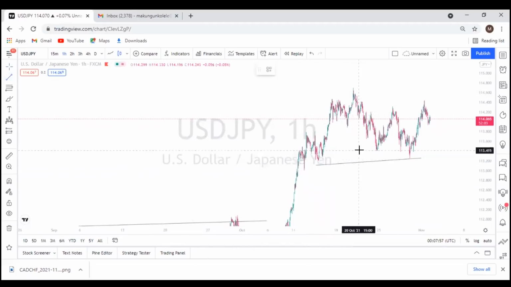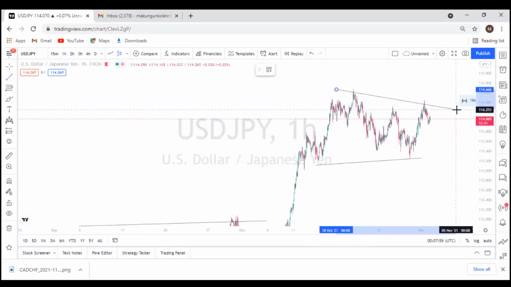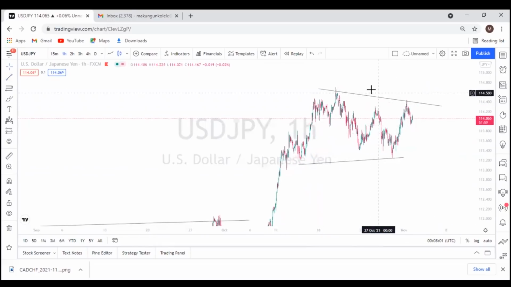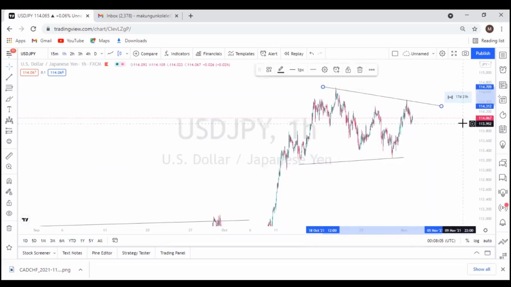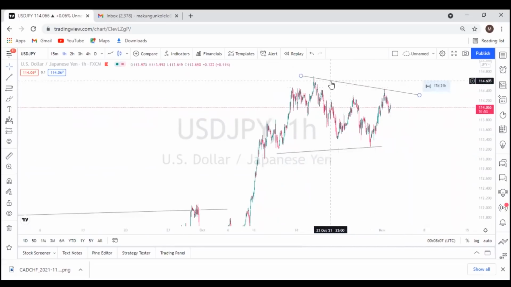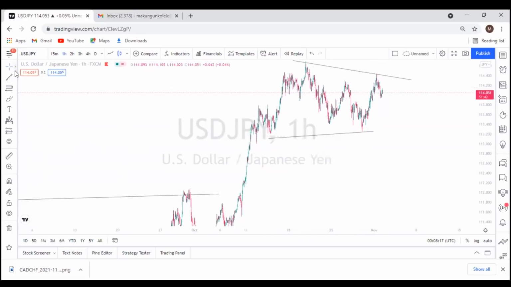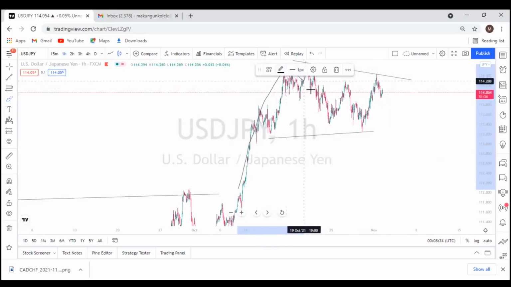Okay, let me draw the resistance first. Okay, so we only have 2 touches on top, right? Which is this one and this one, which means the price is moving like this.